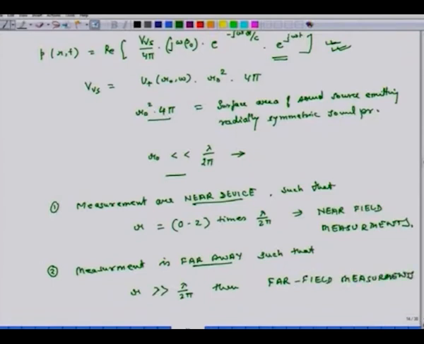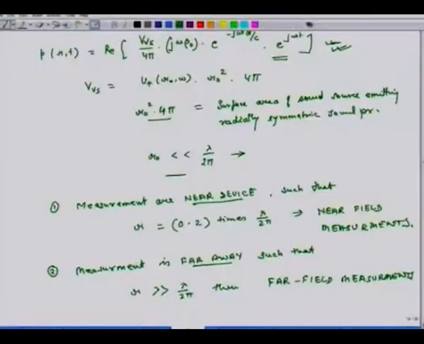So, I have near field measurements when I am extremely close to a device which is emitting sound, in the sense that the distance between the device and my observation point is less than 0 to 2 times lambda over 2 pi.